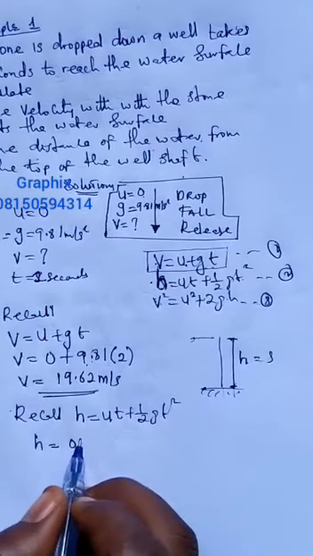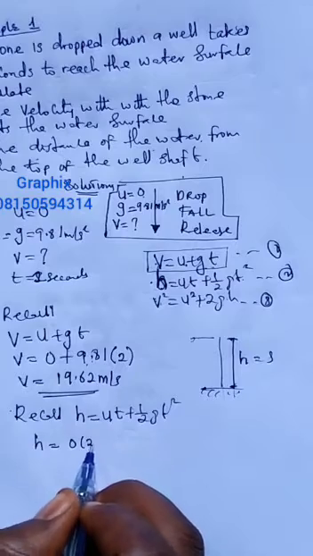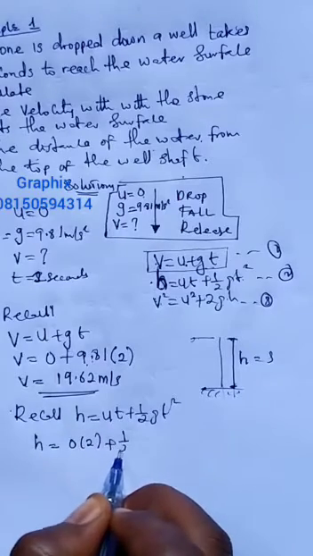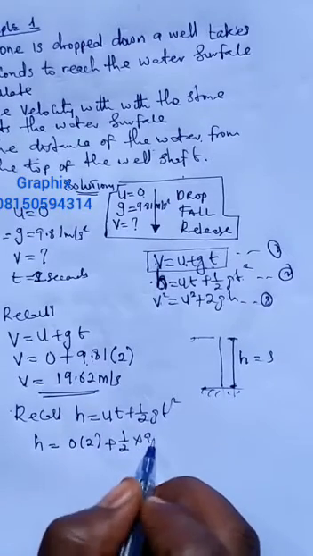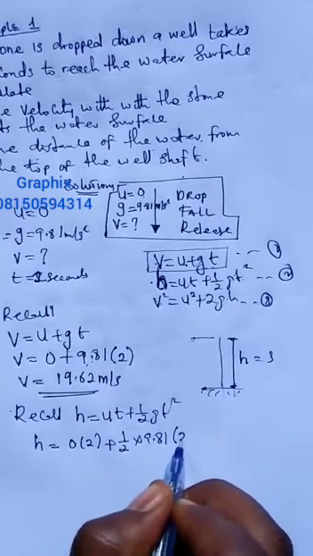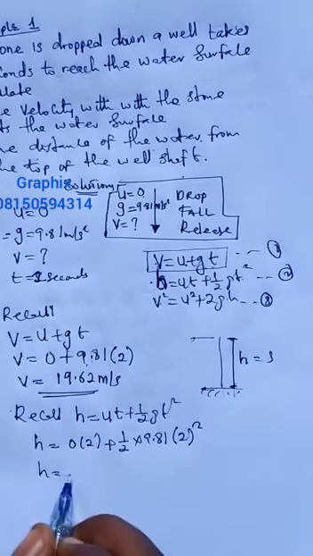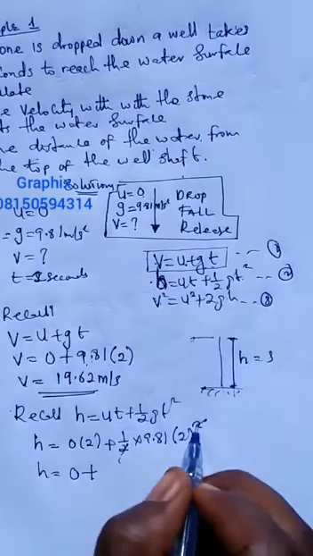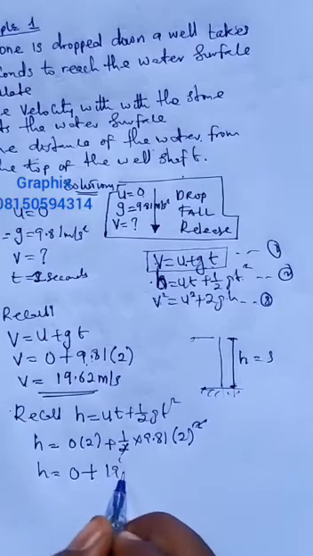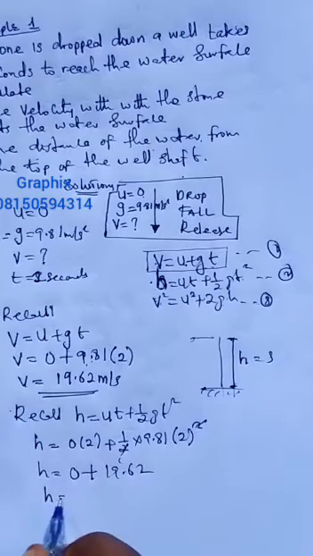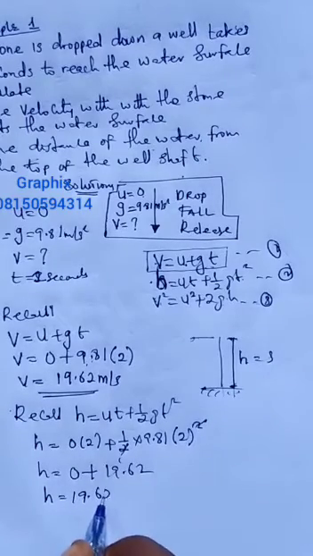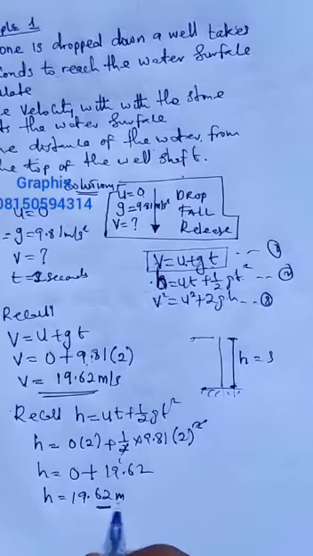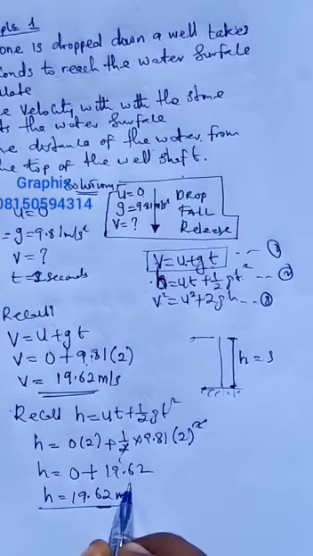My u is 0, my t is 2, plus half, my g is 9.81 and t is 2 squared. So my h will give me 0 plus, the 2 here cancel, we're still having 19.62. So my h will give me 19.62 meters. So that is the answer for that question.